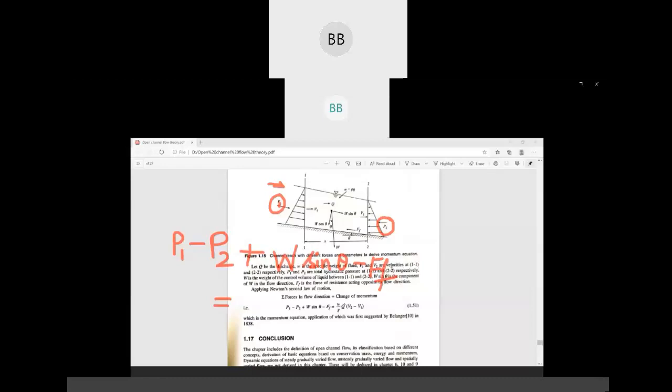Change of momentum, we know, is mass into velocity. Or you can also write initial momentum minus final momentum, it's up to you.